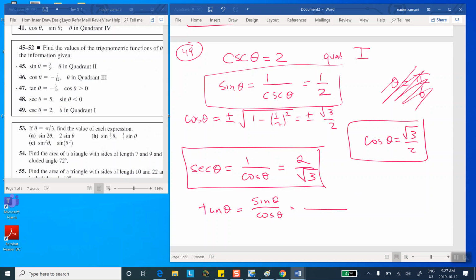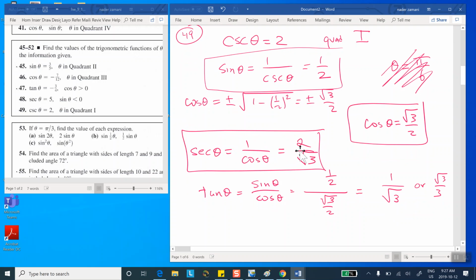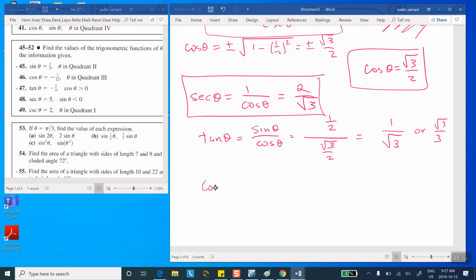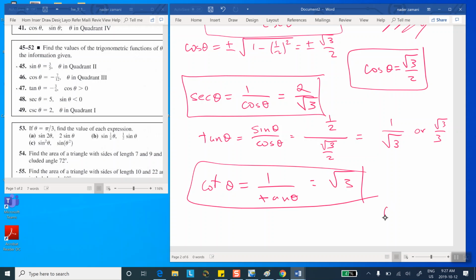Sine theta, we got this as 1/2 over root 3 over 2, and tangent of theta is 1 over root 3, or by the way, root 3 over 3. And finally, cotangent of theta is 1 over tangent of theta, which is root 3. Okay. Now, had I used the fact theta equal to pi over 6, I would have come with exactly the same answer.